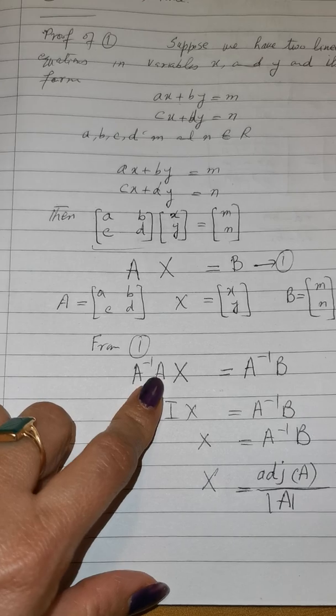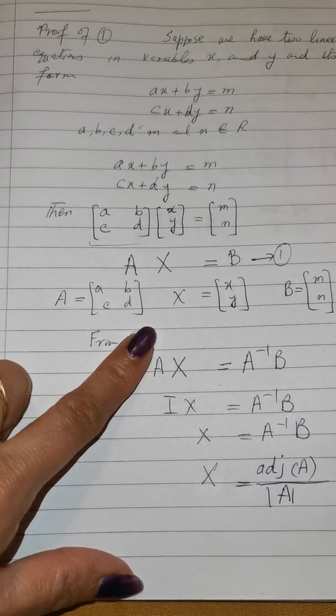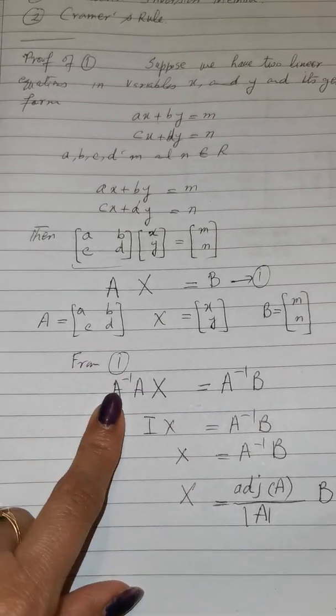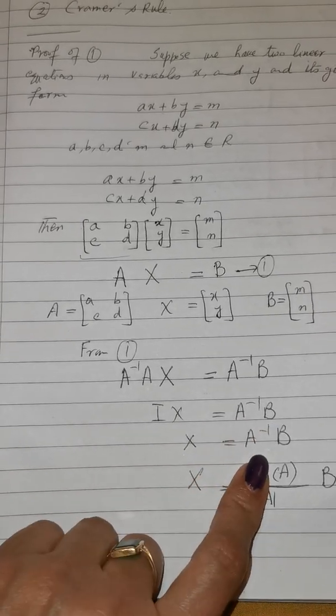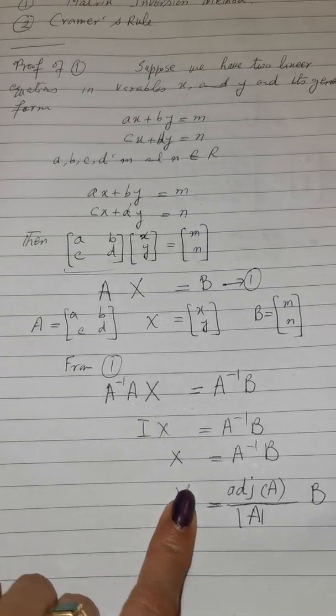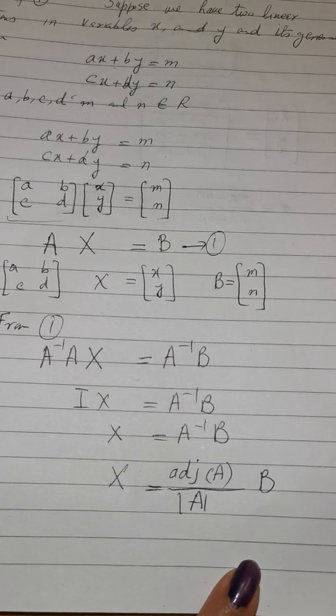Whatever is multiplied by X, I want to finish this. So to finish this A, I will apply A inverse on both sides. Now A inverse and A will give you the identity matrix, and A inverse B will be here. Identity matrix multiplied by X will give you X, and here the formula becomes A inverse B.